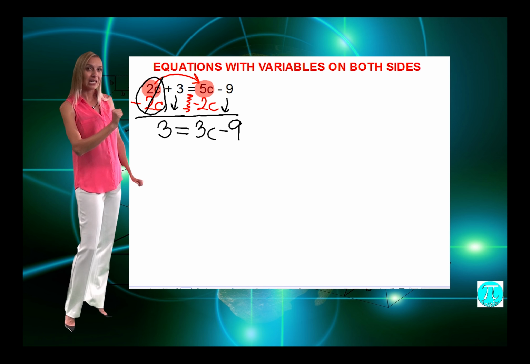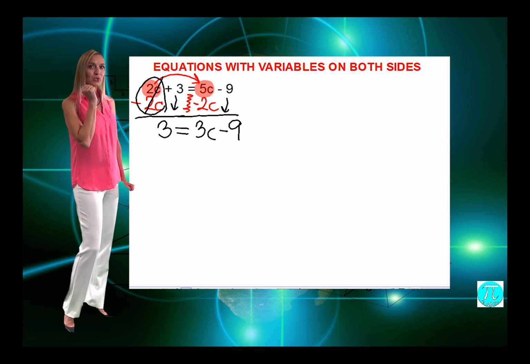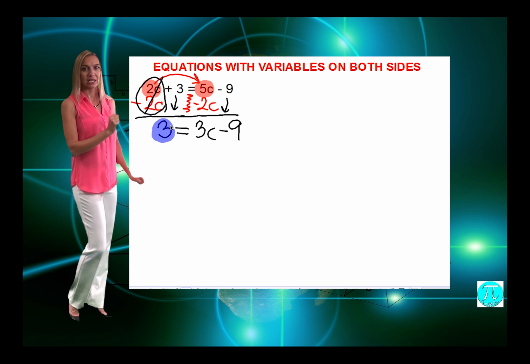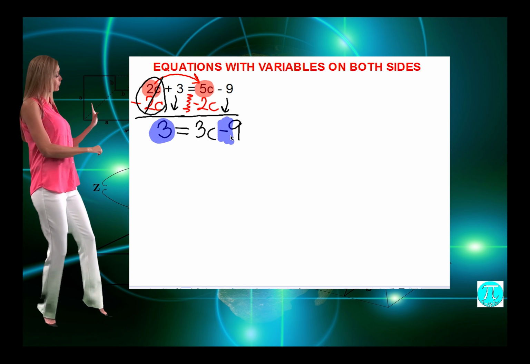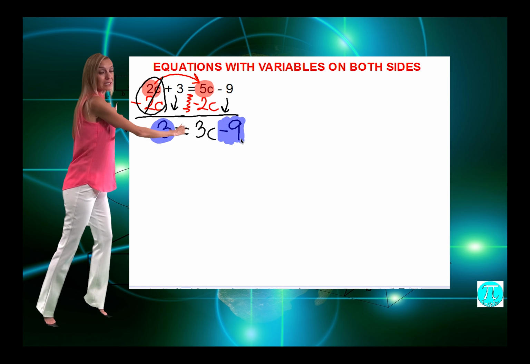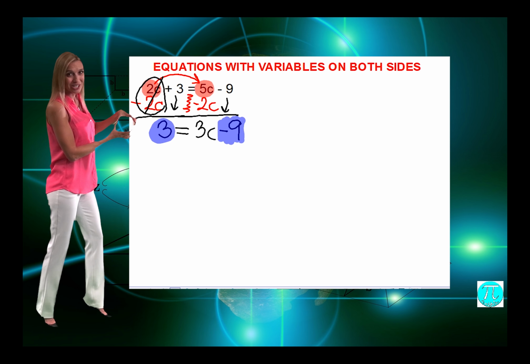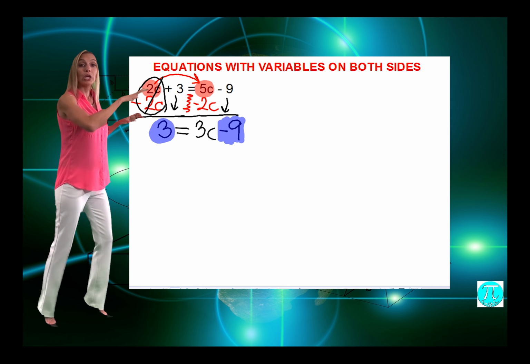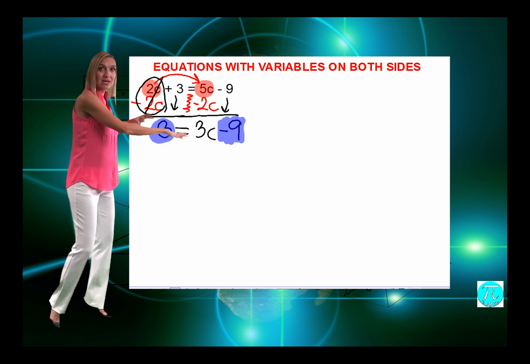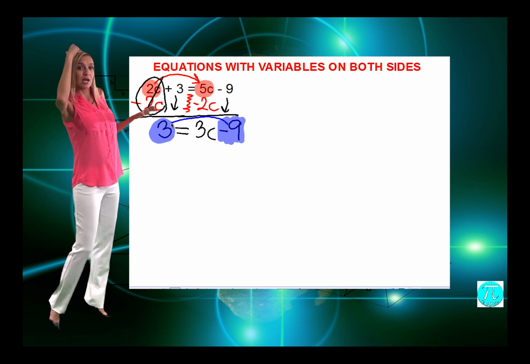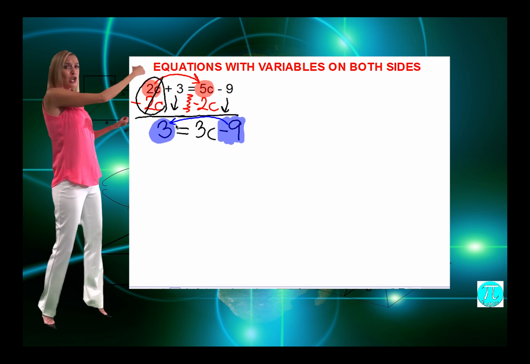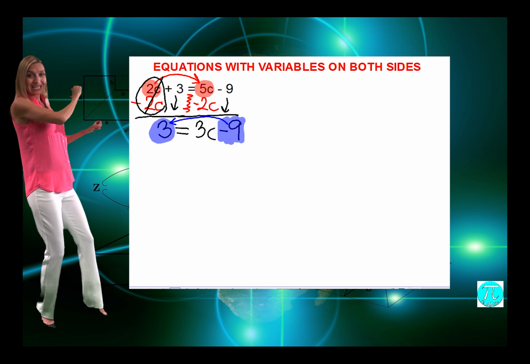Well, I know I'm solving for c, right? And I want to combine that positive 3 with the minus 9. And c says, hey, I want to be left alone. I want to be isolated, right? Well, we have to get rid of the minus 9 and move it to the other side because it wants to go away from the c.